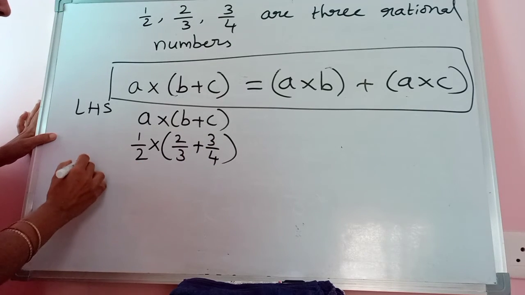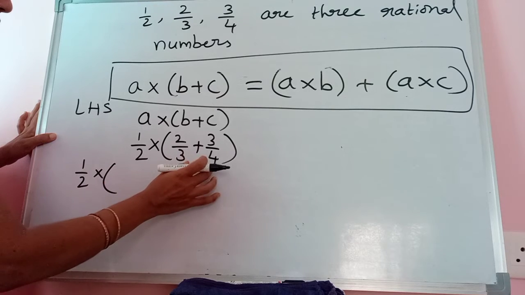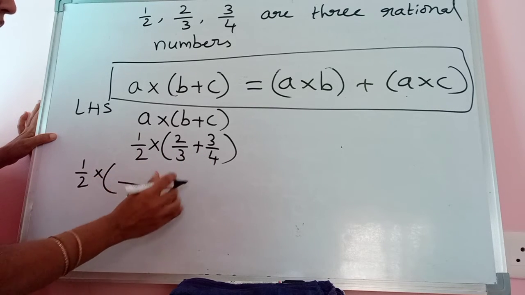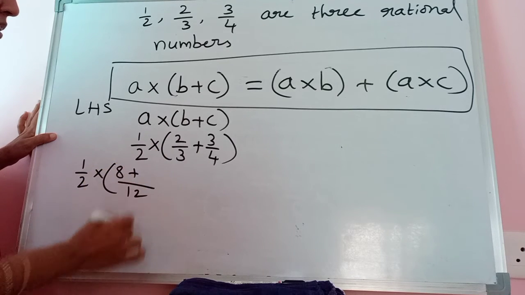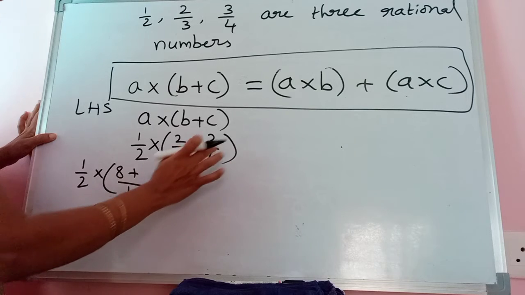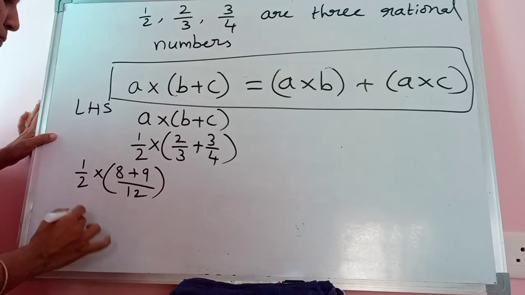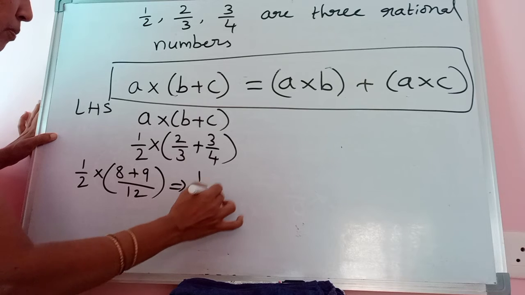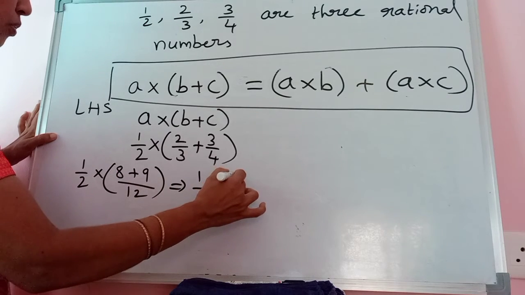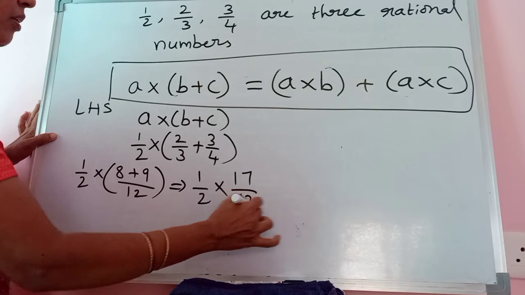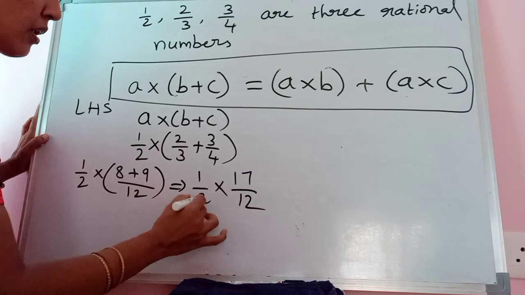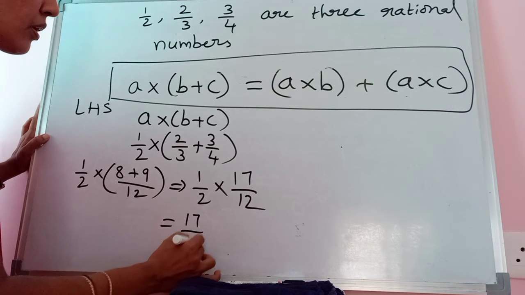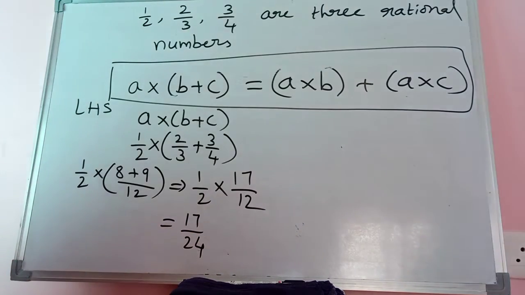That is 1 by 2 into, LCM of 3 and 4 is 12. 3 4 times, 2 also taking 4 times, that is 8. 4 3 times gives 12, 3 also taking 3 times, that is 9. Next step is 1 by 2 into 8 plus 9, total is 17 by 12. Now multiplication, numerators multiplying and denominators multiplying. Then it is 17 by 24. Left hand side value is 17 by 24.